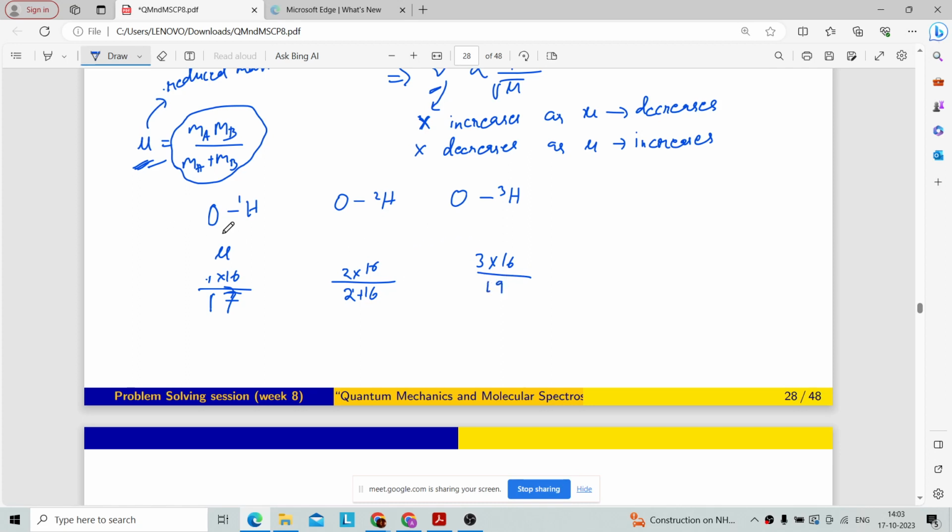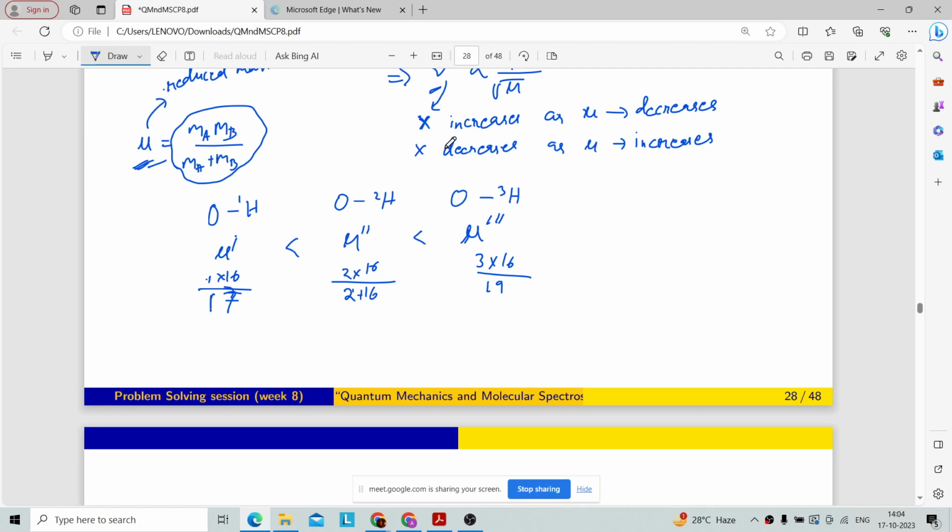So what do we see? Mu is increasing for these 3 isomers as the number of nucleons increases. Okay, so let's write this as prime, this as double prime, this as triple prime.